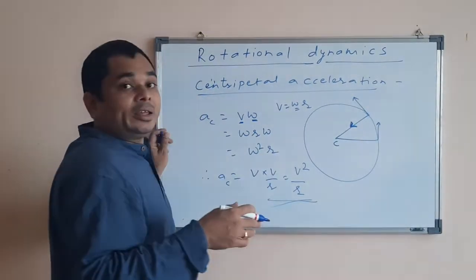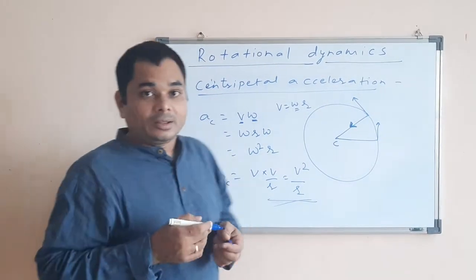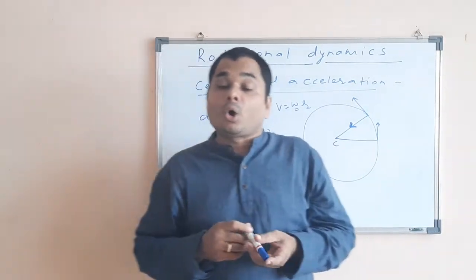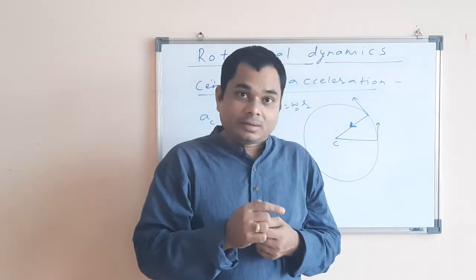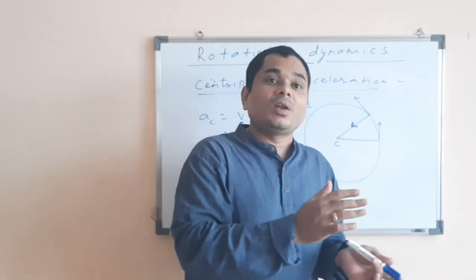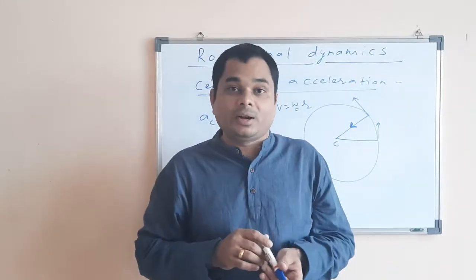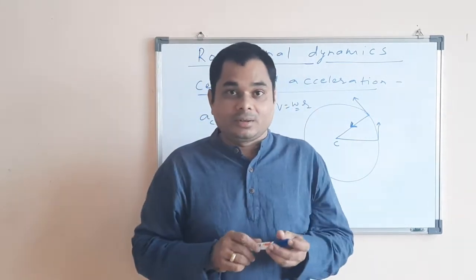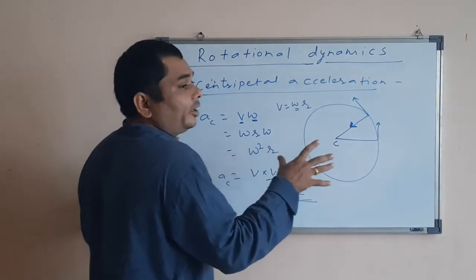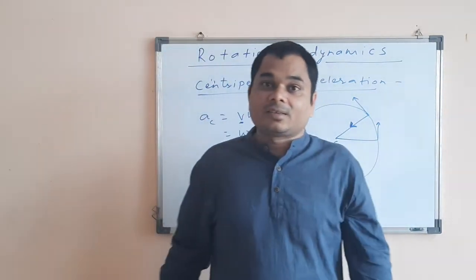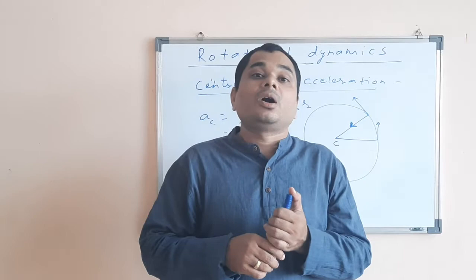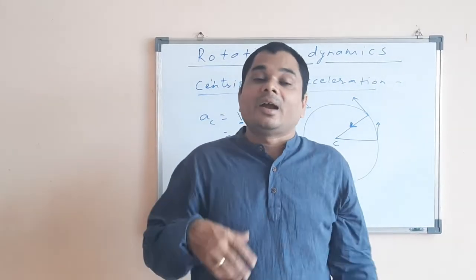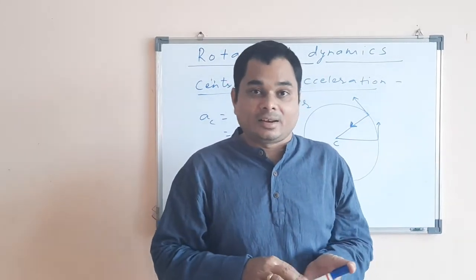And the other one is tangential acceleration. Now this acceleration will always be along the tangent. It may be in the direction of the velocity or opposite to the direction of velocity, but in either case it will be along the tangent. So there will be two types of accelerations in this case: radial or centripetal acceleration and tangential acceleration.